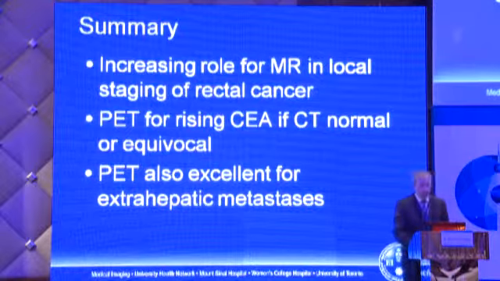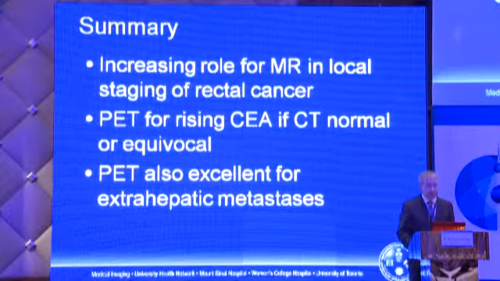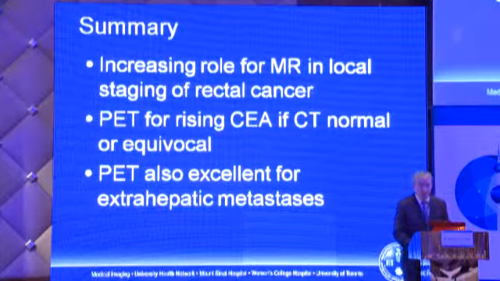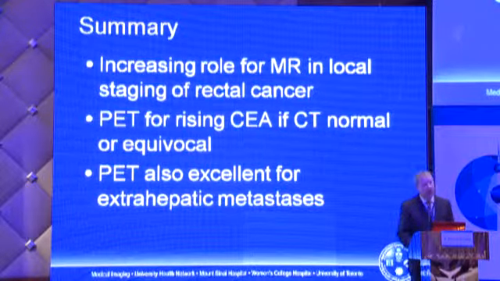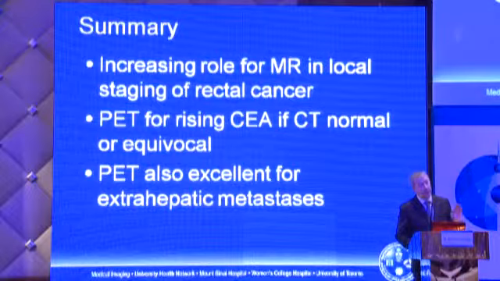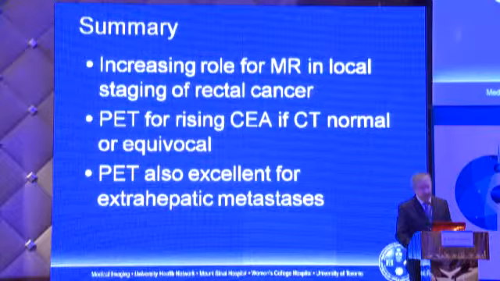There's an increasing role of MR in local staging of rectal cancer, and I would say that role has increased to the point that every patient with rectal cancer should have an MRI, unless endorectal ultrasound has shown that it's Tis or T1 disease.